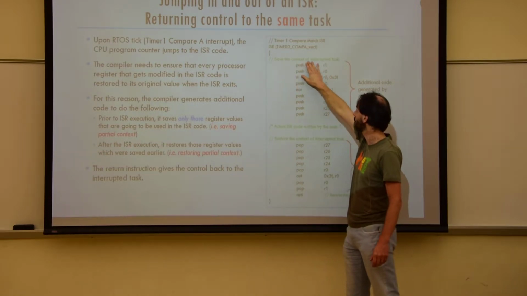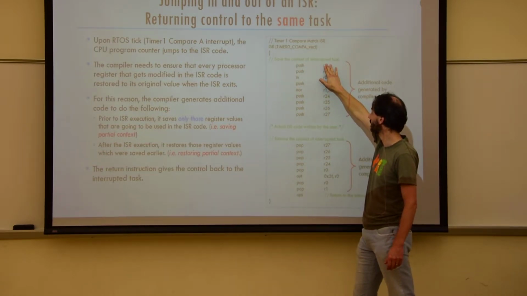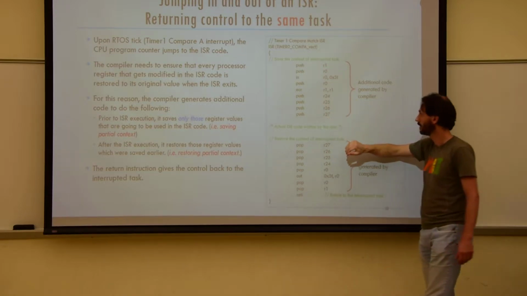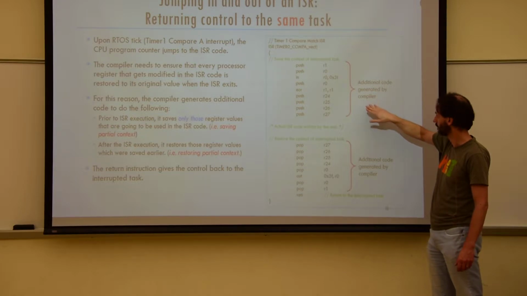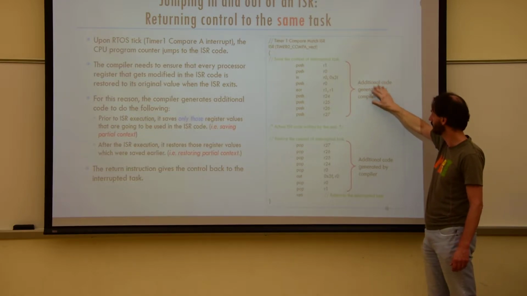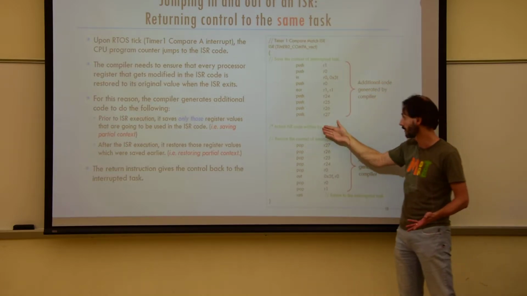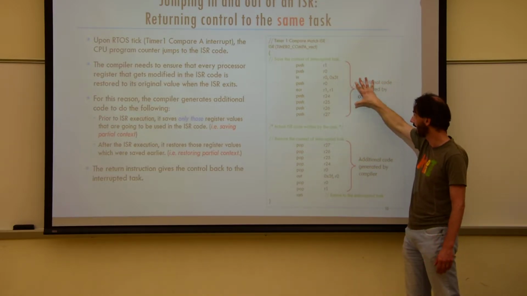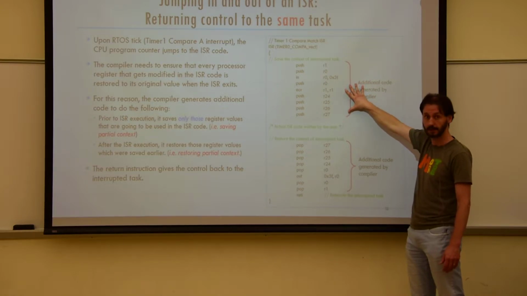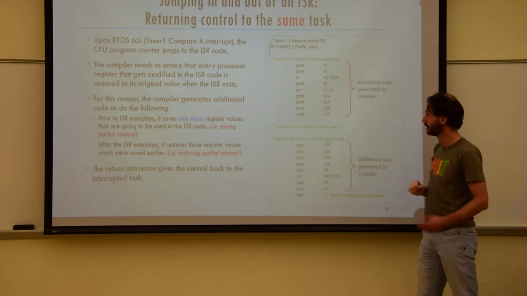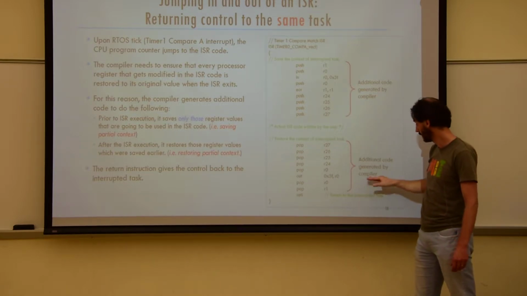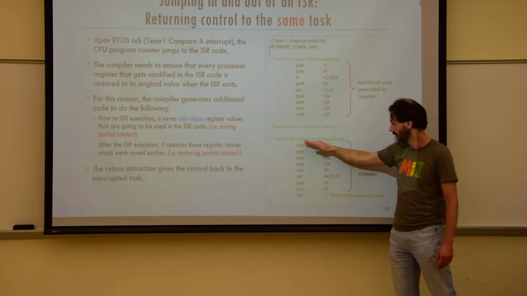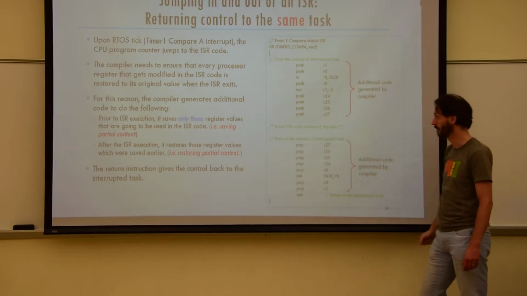Look at what's going on here. We save the context of the interrupted task, a limited set of registers actually, and this is effectively the additional code that is generated by the compiler. You don't do that yourself. You just write the code here, but effectively the compiler adds in these instructions that save the context of the interrupted task, and then at exit the compiler has added also code to restore the context of the interrupted task.